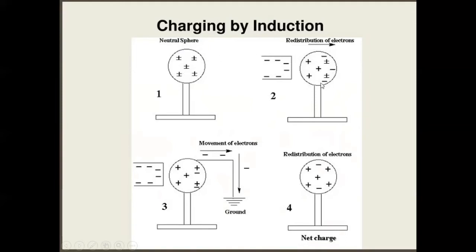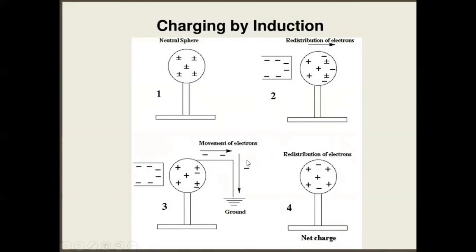The negative charges are trying to repel as far away as they can, but there is a boundary over here and they cannot come out of this sphere. That's why this is the farthest they can go. Now observe that the positive charges, although they are attracted to this charged object, remain in their same positions because we have already learned that the positive charges, or the protons, never move.